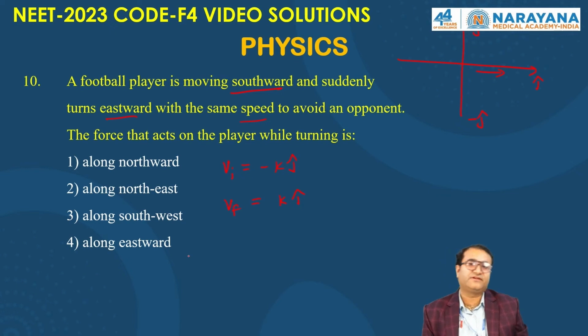Force is basically mass into acceleration, so the direction of change in velocity will give you the direction of force. Change in velocity is final velocity minus initial velocity, which is K i cap minus (minus K j cap). So it is K times (i cap plus j cap).